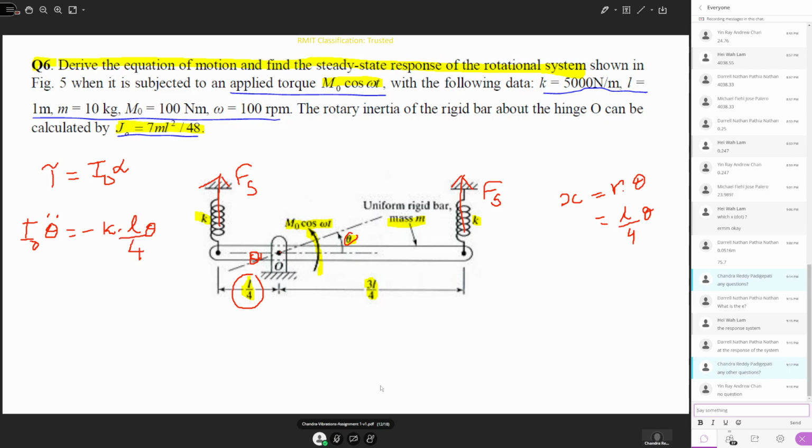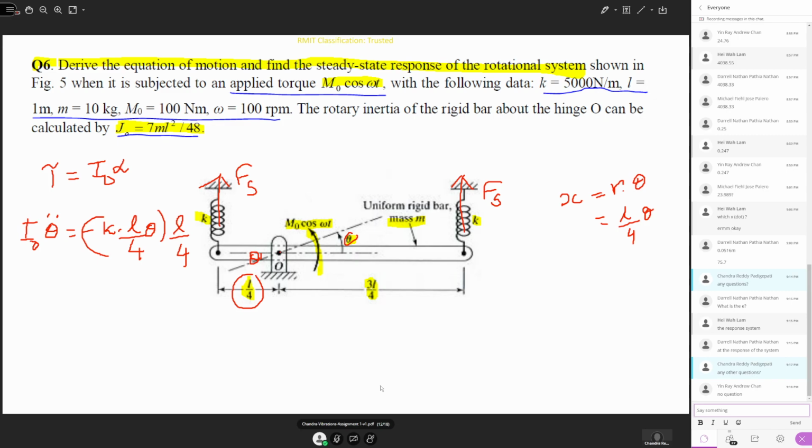The moment developed due to this is multiplied by the perpendicular distance, L by 4. So spring force multiplied by the perpendicular distance L by 4 is the moment due to the first spring force.